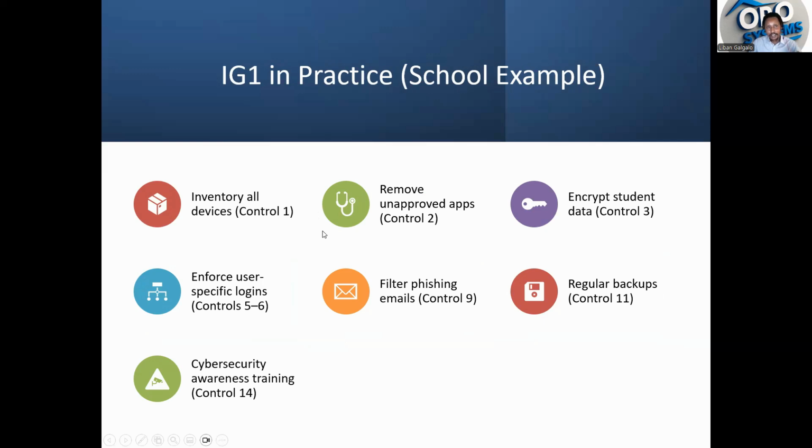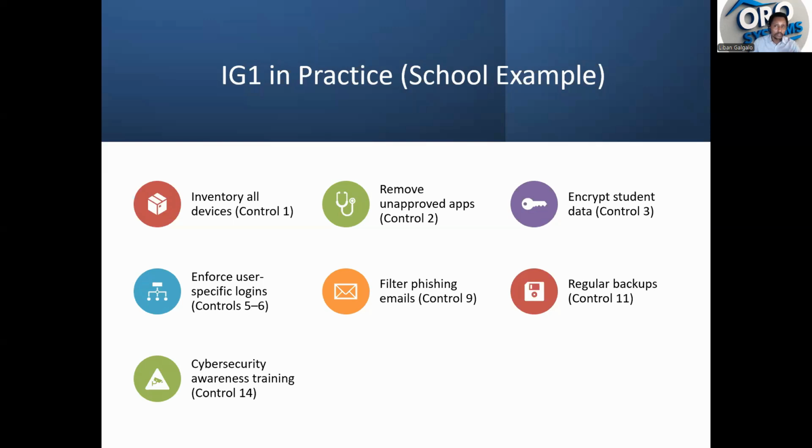IG1 in practice, for example a school, can inventory all devices. Let's say this one is control 1, because there are 18 controls. For each control, some safeguards are in IG1 and some are not, but the total is 56 safeguards for IG1.